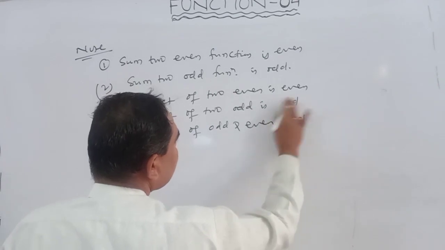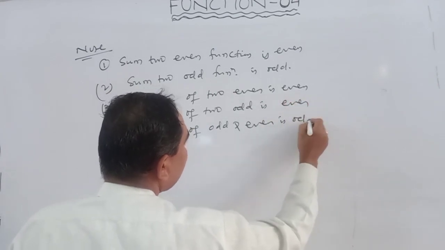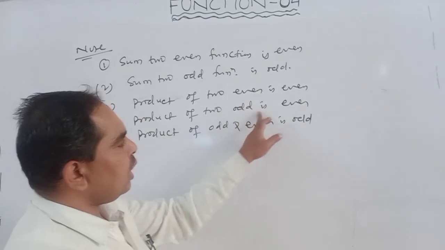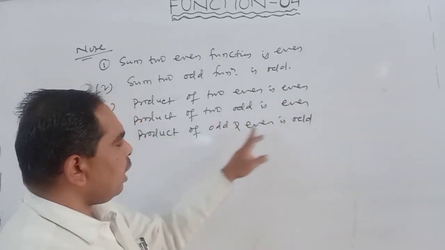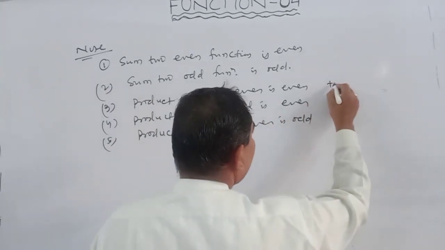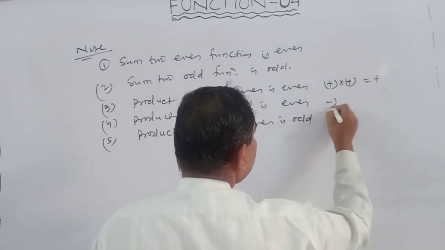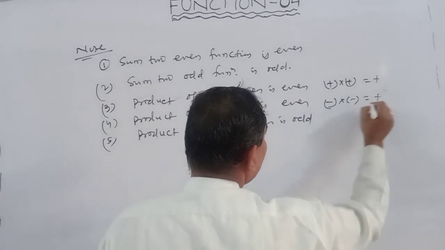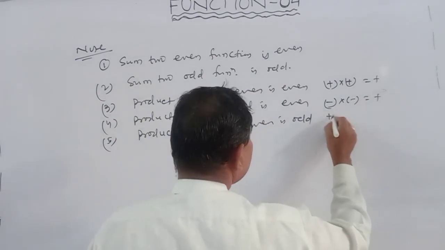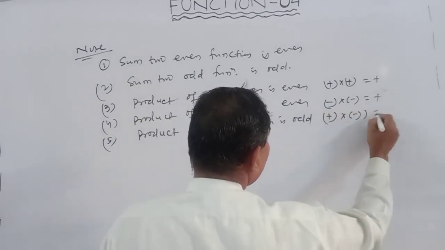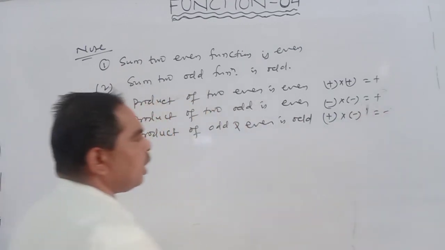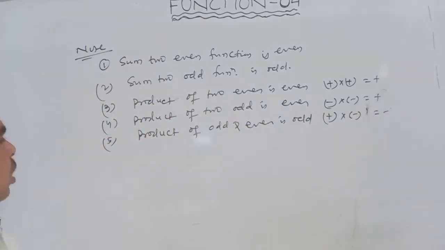That is, plus into plus is equal to plus, minus into minus is equal to plus, but plus into minus is equal to minus. Okay, so these are some properties of odd and even functions.